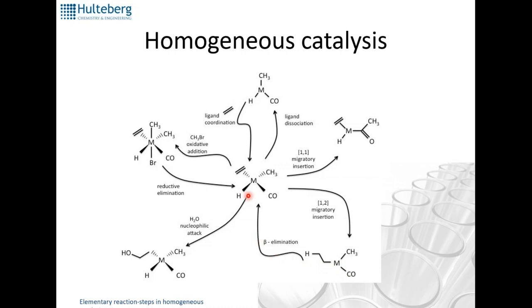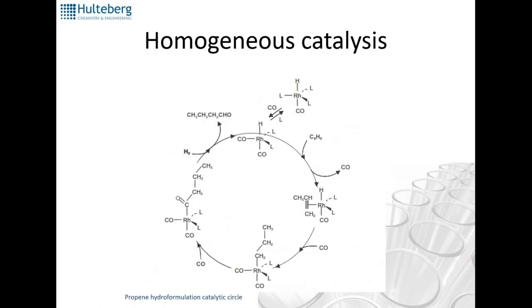Then you can go backwards in this direction. You can do nucleophilic attacks. You can do reductive elimination as well, as well as oxidative addition with different materials. And we can then take this and build up these catalytic cycles.